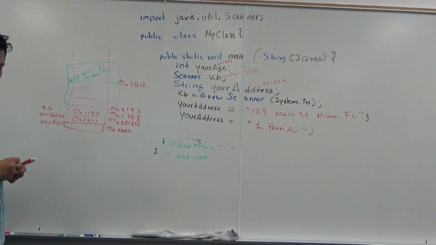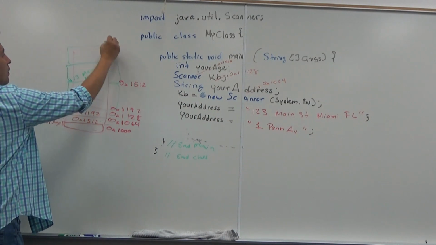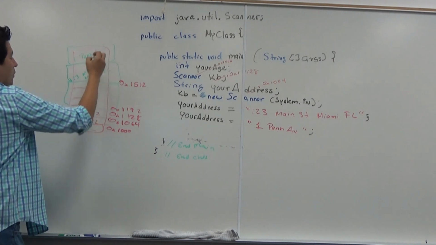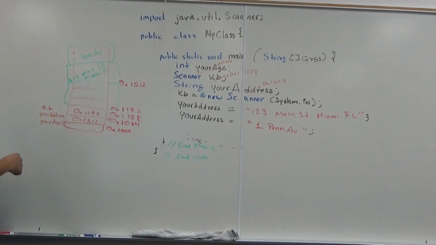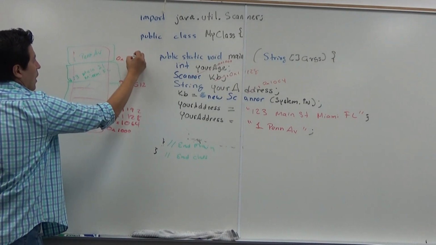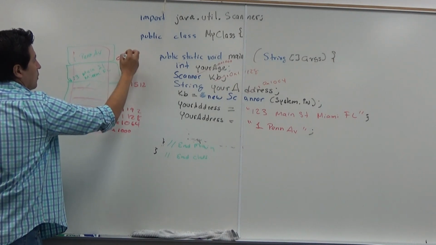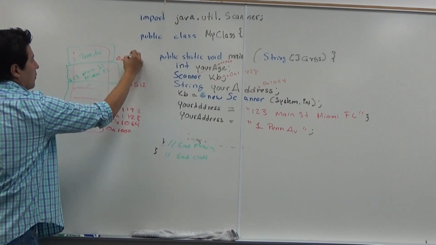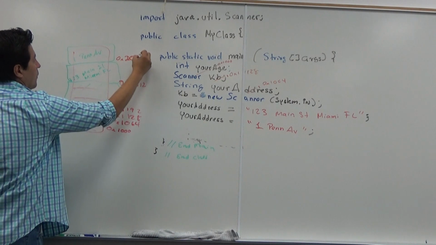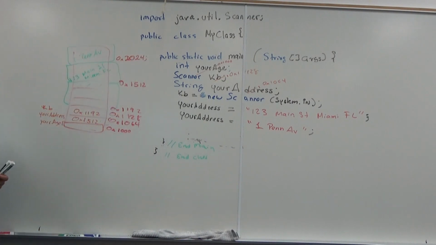So what's going to happen, Java's going to put it somewhere here. And let's say this is address, I don't know, 1000 or 2000. 2024, let's say. Whatever, just pick a number.